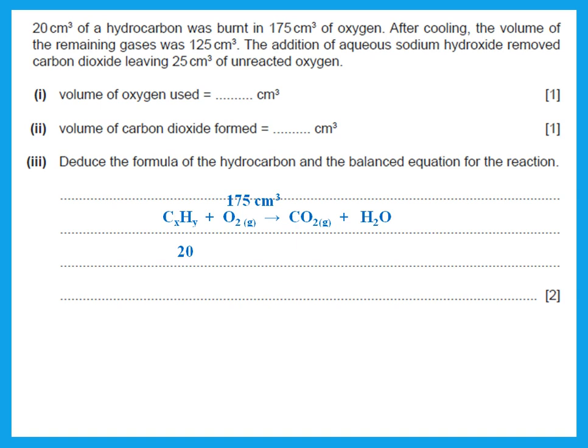And he found that after he removed the carbon dioxide, he was left with 25 centimeter cubed of unreacted oxygen. Remember, we had 125. He removed the CO2 and we're left with 25. That means the CO2 was how much? 100. And then 25 of the 175 remained. That means how much oxygen reacted? 150. So the volume of oxygen used was 150. The volume of carbon dioxide formed was 100.